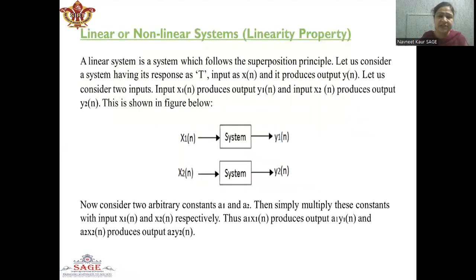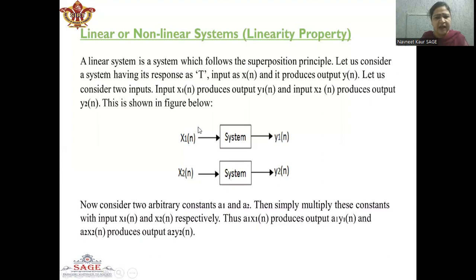Now coming to the next property, which is linear or non-linear system. A linear system is a system which follows the superposition principle. Suppose we have a system defined by the transformation operation T, and input x1[n] is given to the system, it will generate y1[n], and when x2[n] is given to the system, it will generate y2[n].